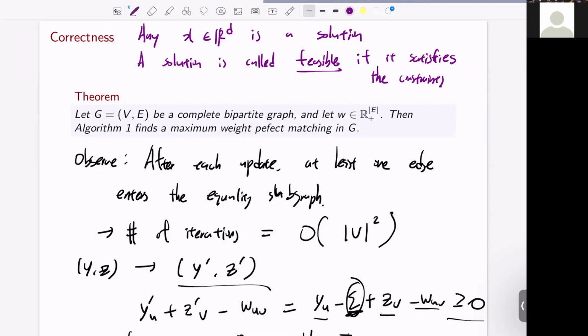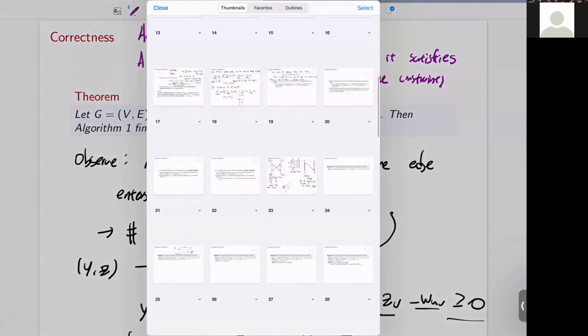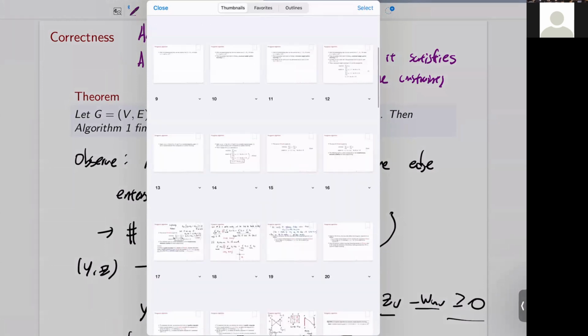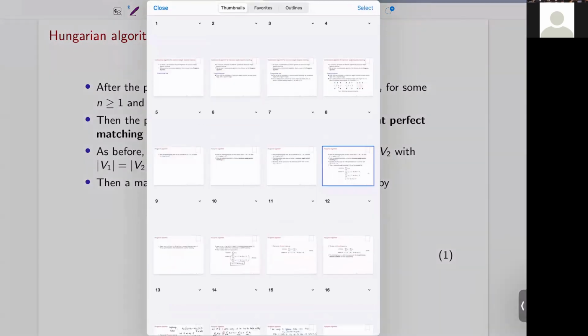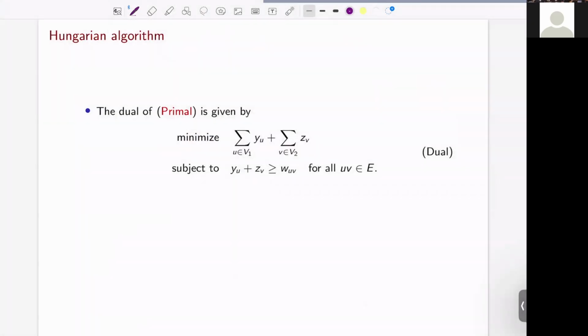I know that this algorithm comes out of the duality between the matching problem and the cover, the dual problem for the cover. But the details, I forgot for the last few years, and I recovered my knowledge by reading the book.